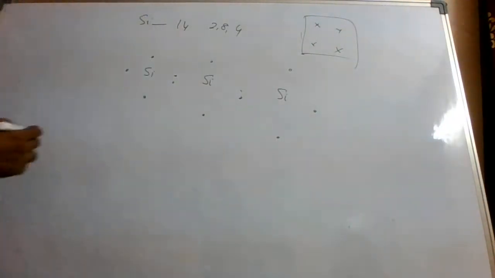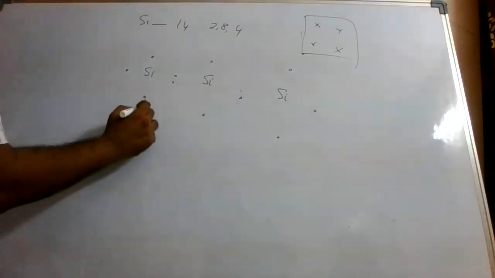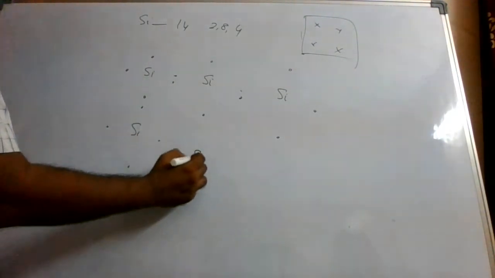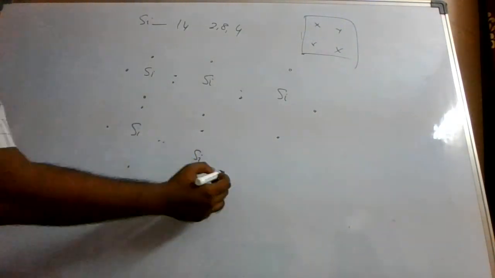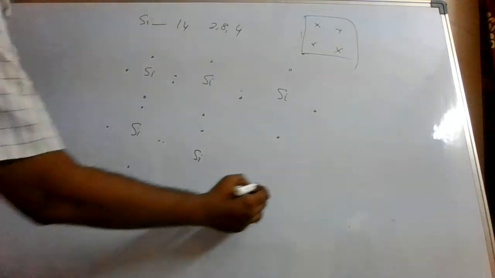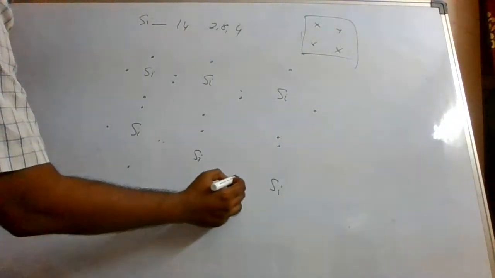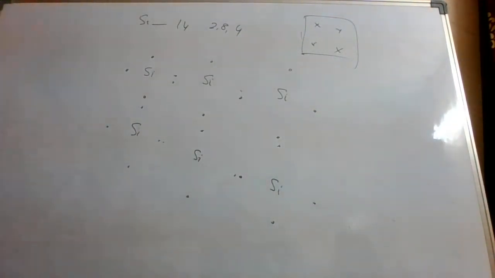Below this, you put another silicon, one here, one here, one here, and one here. It is forming covalent bonds like this, and so on and so forth. So this is how the arrangement is.